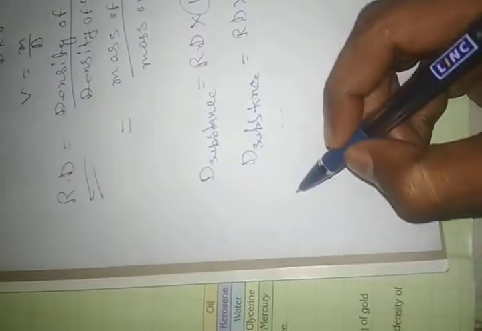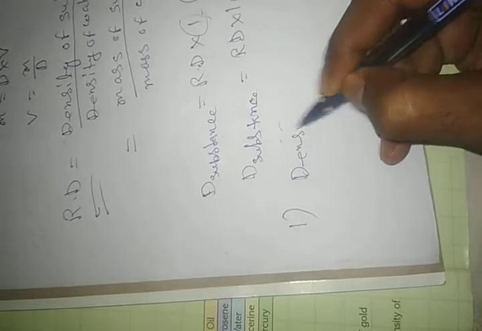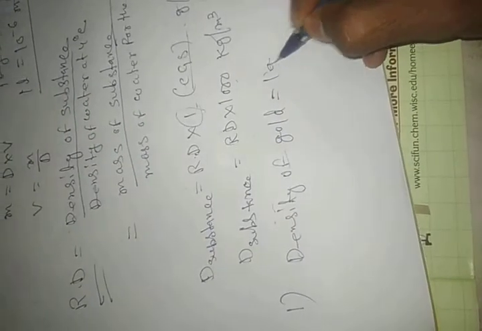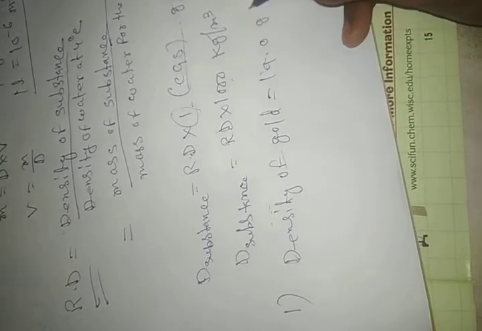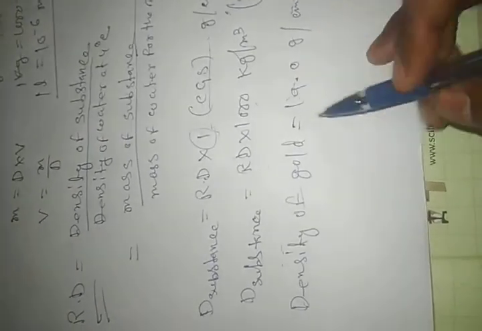So in numerical number 1, the density of gold is given, that is 19.0 gram per cc. Cc means centimeter cube. 19.0 and 19 are the same thing.